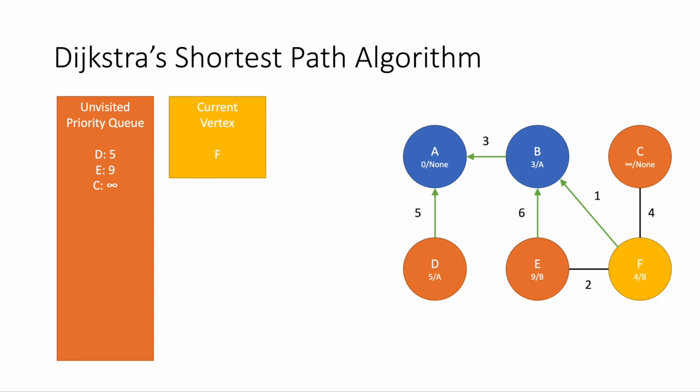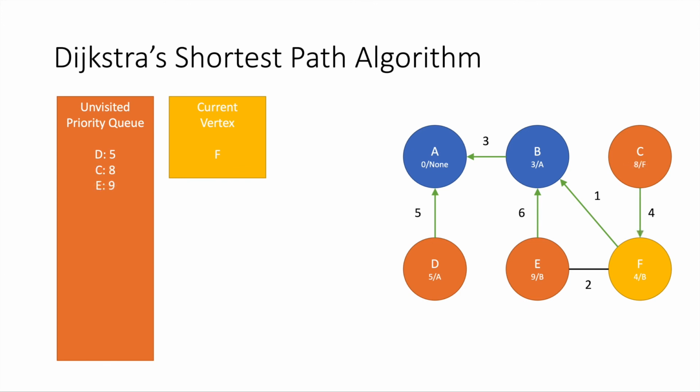Looking at B, a path from B to A through F would have distance 7, which is worse than the current distance of 3, so nothing is done. Looking at C, a path from C to A through F would have distance 8, and this is better than the current distance infinity, so C is updated.